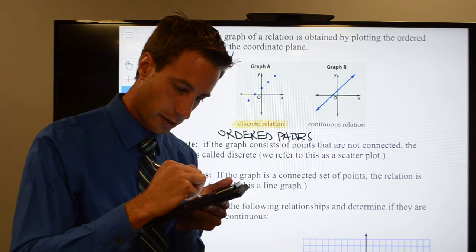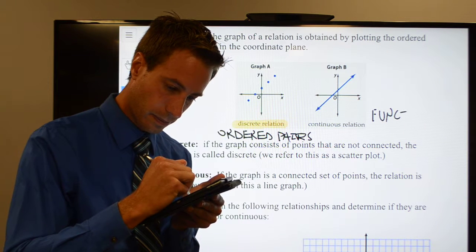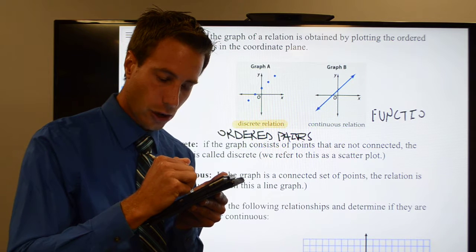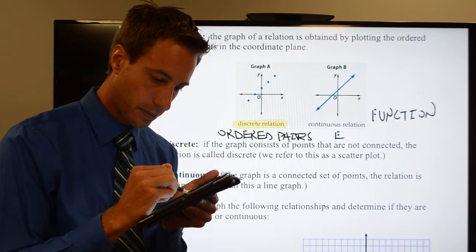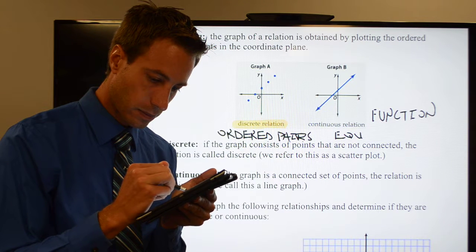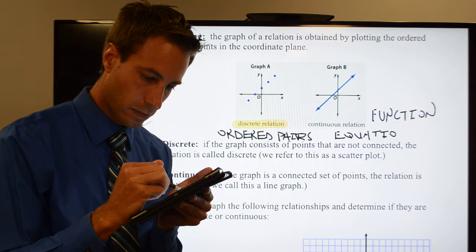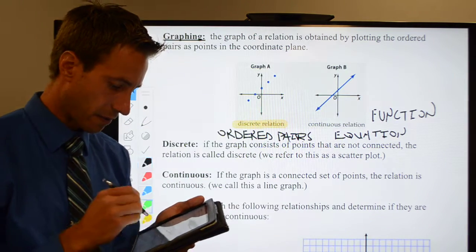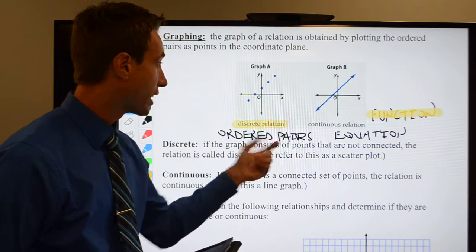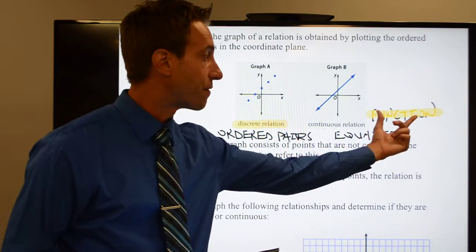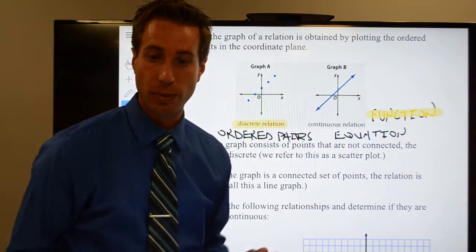It's going to be a function, and a function is always going to be represented by an equation. So you will have either a discrete relation, which will be ordered pairs, or you'll have a function, which is going to be a line. You're going to be graphing a line, and that will always be represented by an equation.